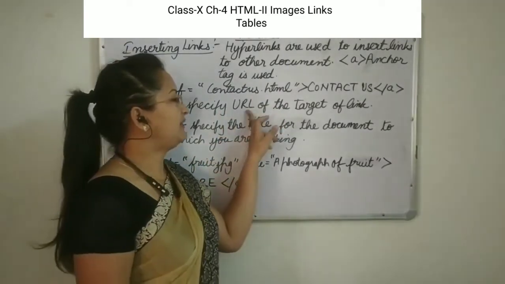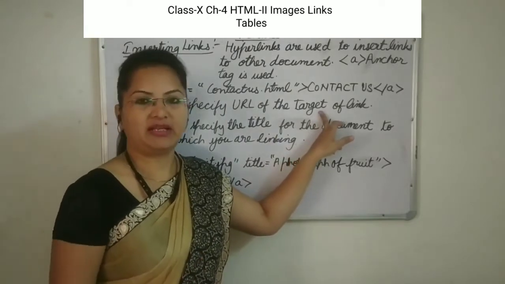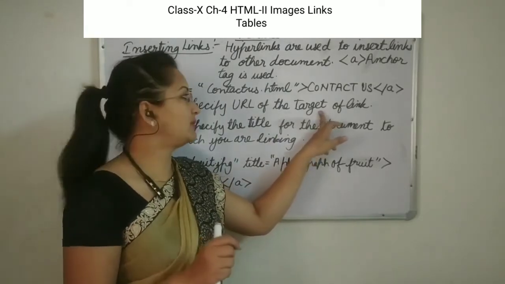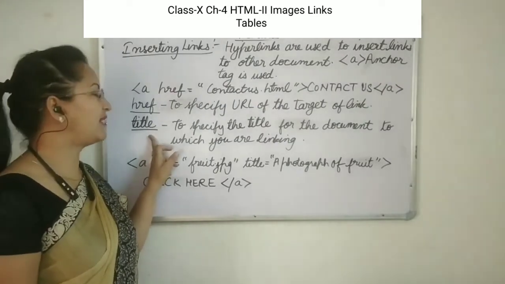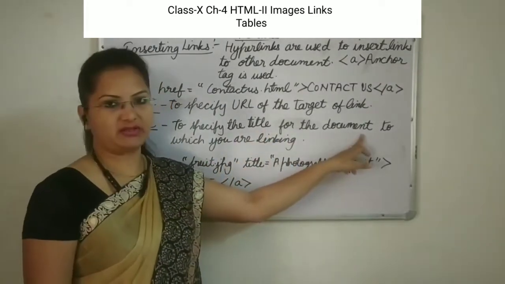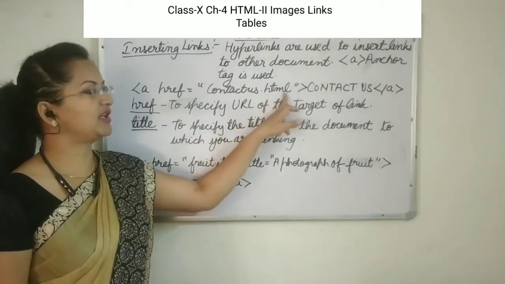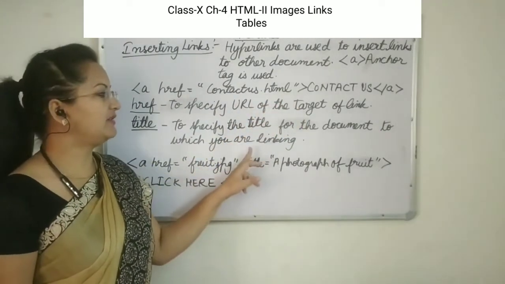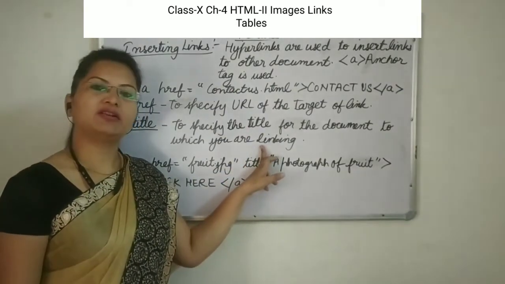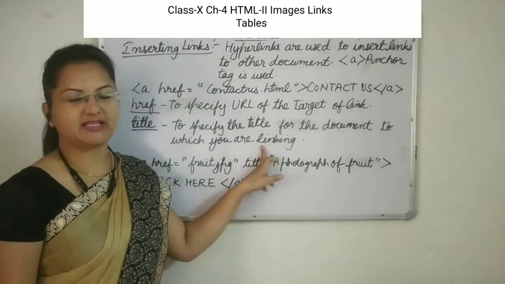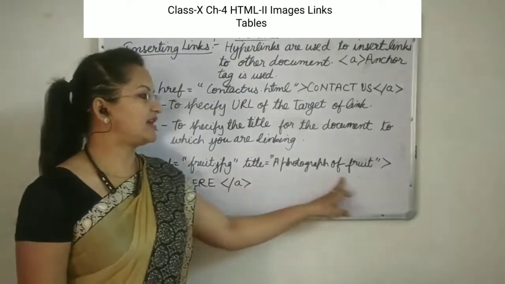So when we mention it, it will take us to this particular image. That means the link is for the particular target. Now title. Title is used to specify the title for the document on which we want to go. Like if it is contactus.html, then in title we can specify that visit our website, or contact for more details, or you can see our address. So here you can specify in the title like this.